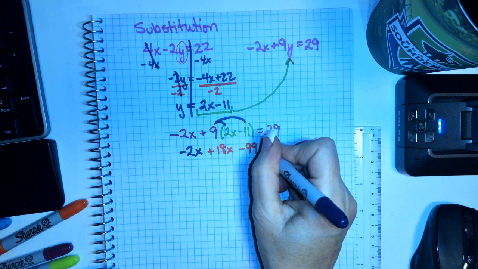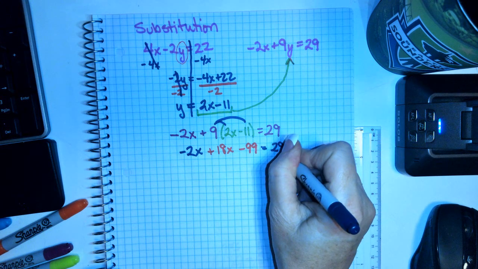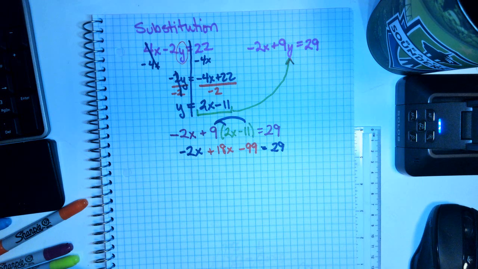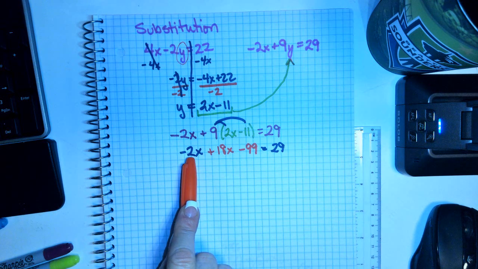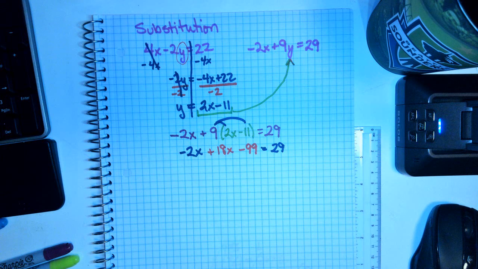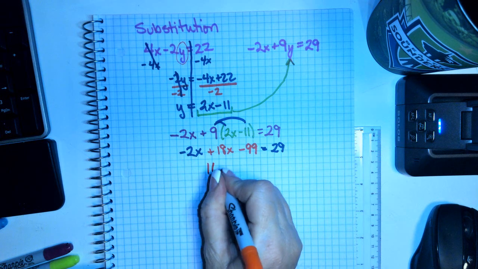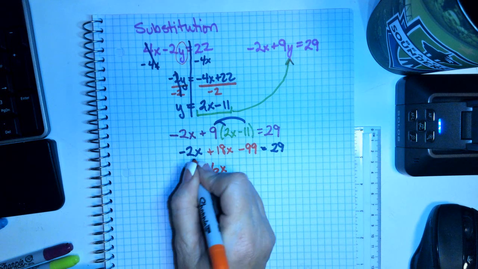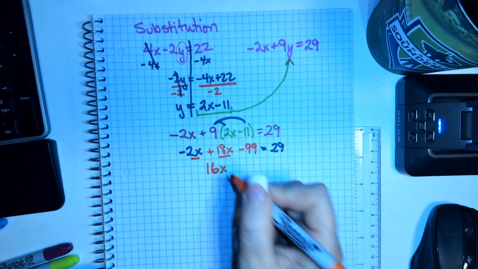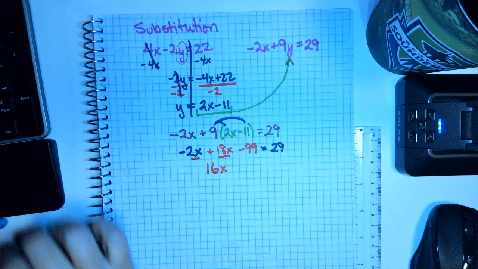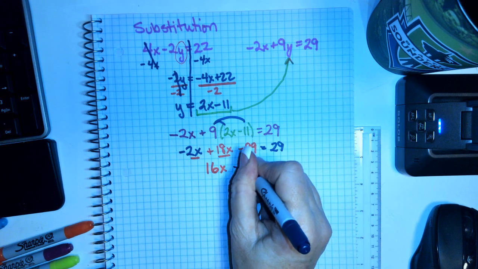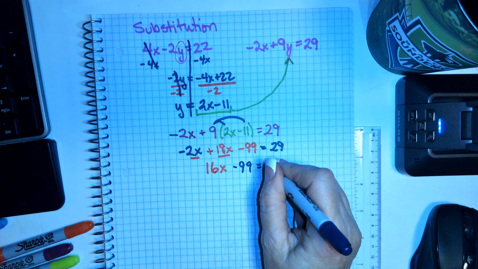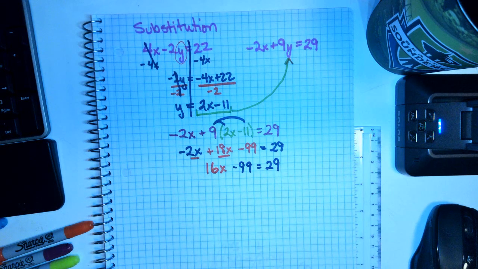And that's going to equal 29. Now I'm going to combine like terms. Negative 2x and 18x, that will give me 16x. Combining the negative 2x and the 18x. I'm going to bring down the negative 99 equals 29.